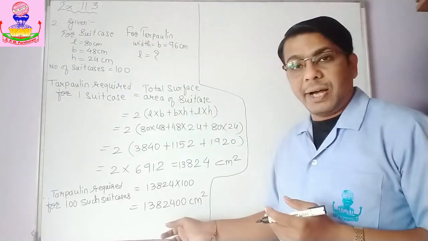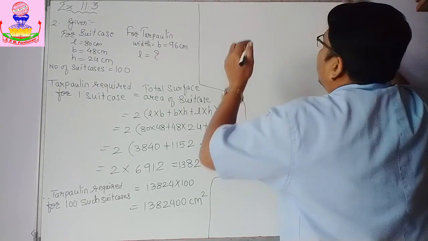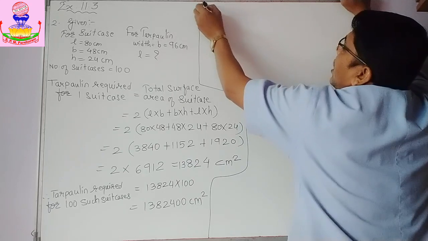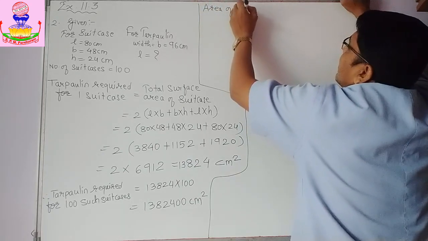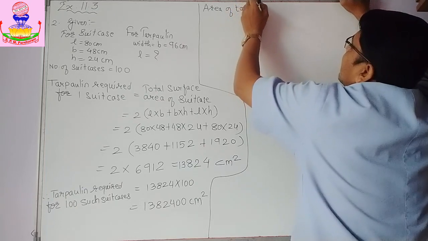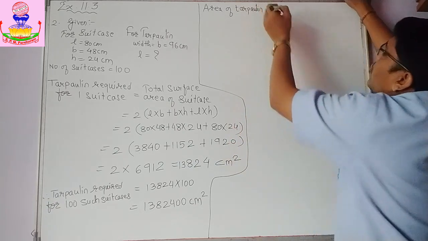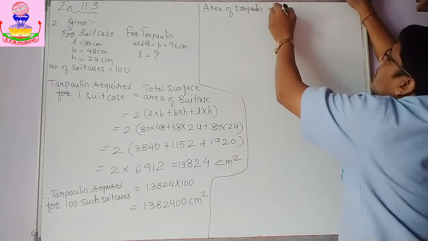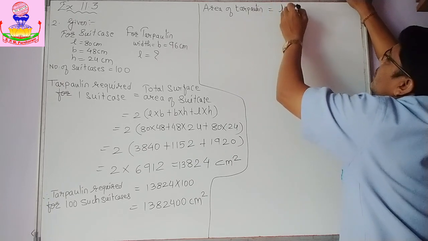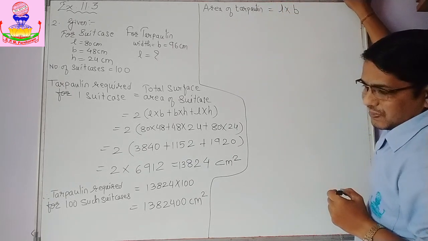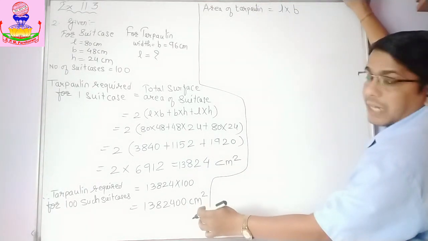So this is the area. Now the length of the tarpaulin we want to find. So the area of tarpaulin is equivalent to length into breadth. This is the area of tarpaulin required.